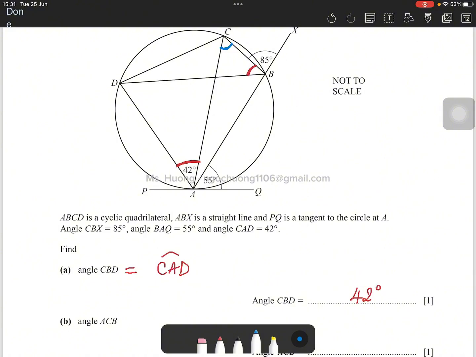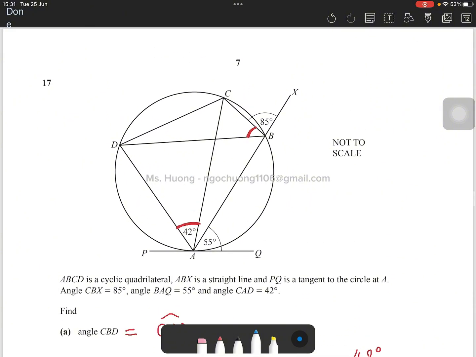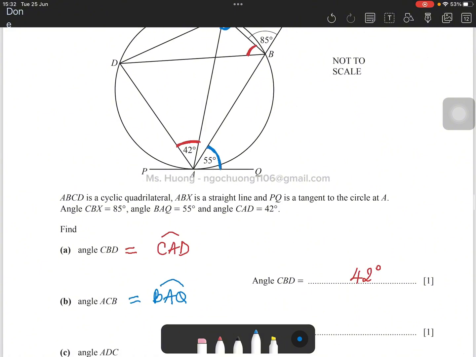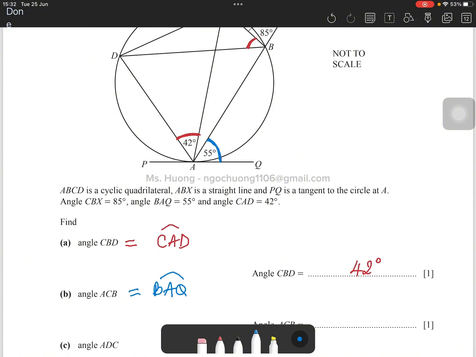So it should be the same as the angle BAQ, because BAQ is the angle formed by the tangent AQ and the chord AB. So ACB is equal to BAQ. So this is going to be 55 degrees.